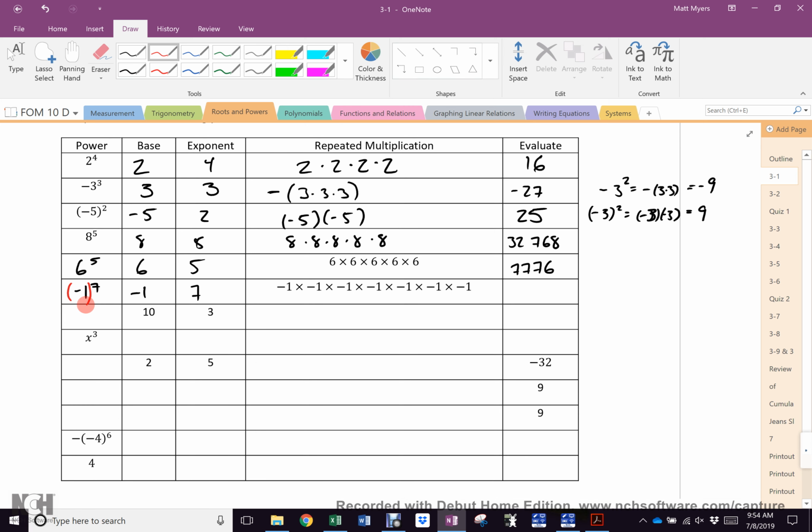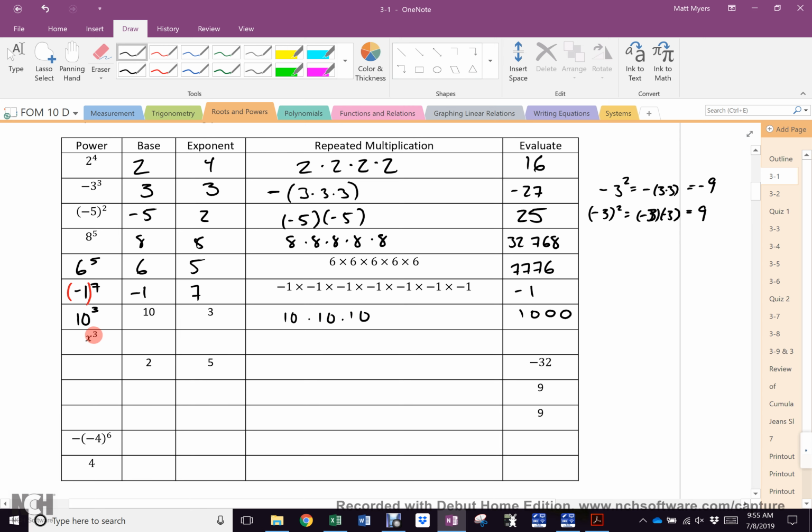Now, what's the answer? Negative 1. Because negative, negative, negative, negative, an odd amount of times means it's going to be negative. 10 to the 3. How do I write it? 10 times 10 times 10, 1,000.